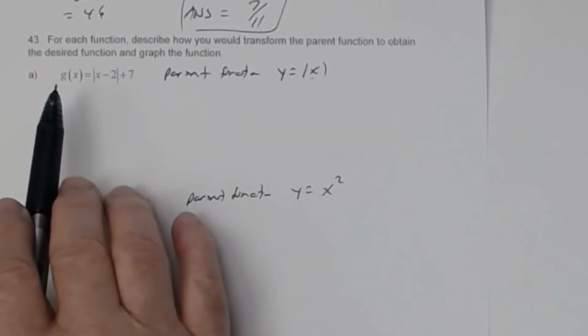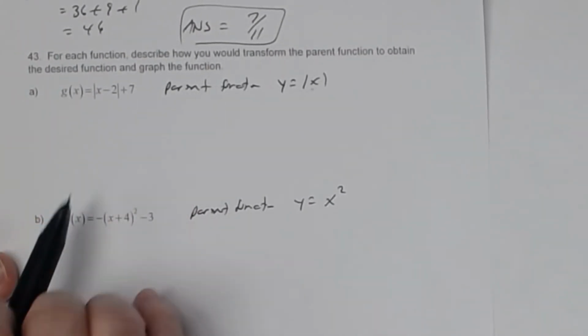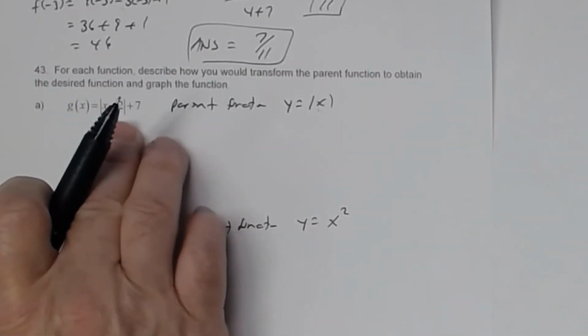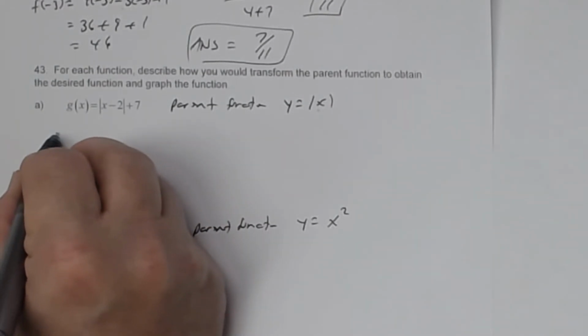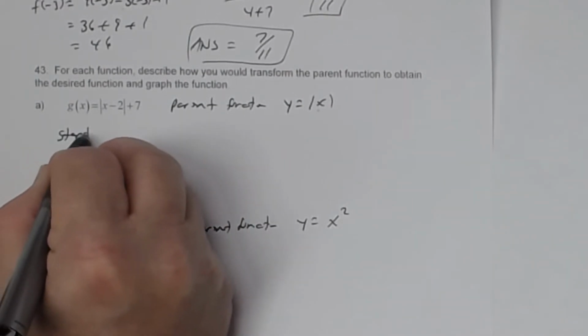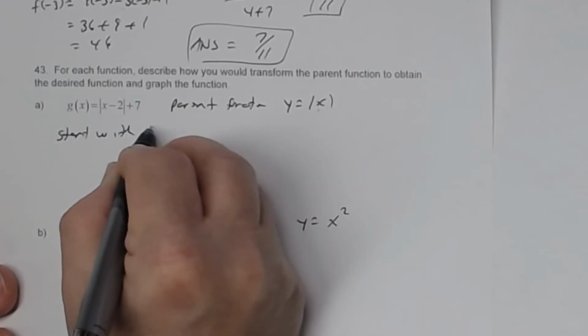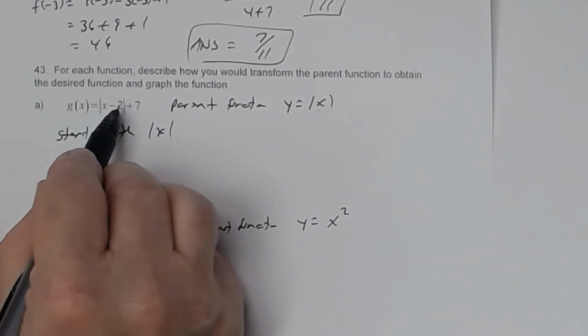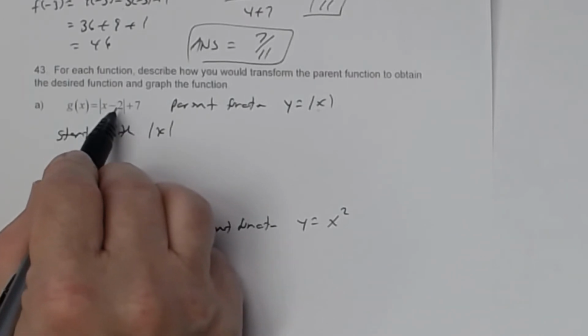Okay? So let's look at part A. So your words are going to say this, and you always go from left to right. So you're going to say start with absolute value of x. Okay? And then you're going to look at this. So this is a horizontal translation.